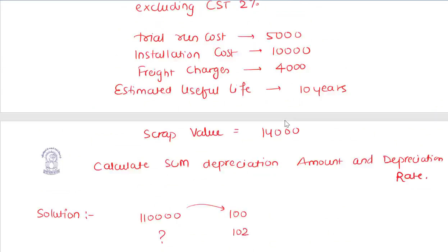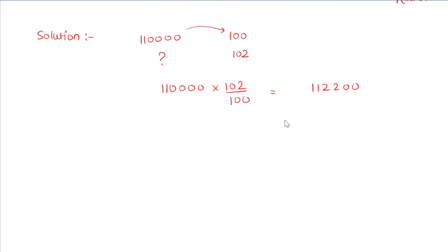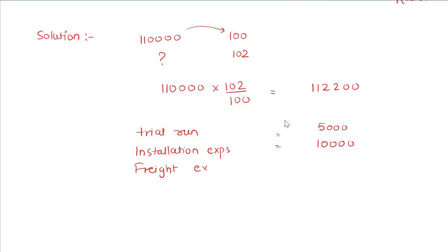So add the trial run cost to that, which is 5,000. Installation expenses are 10,000. Freight expenses are 4,000.